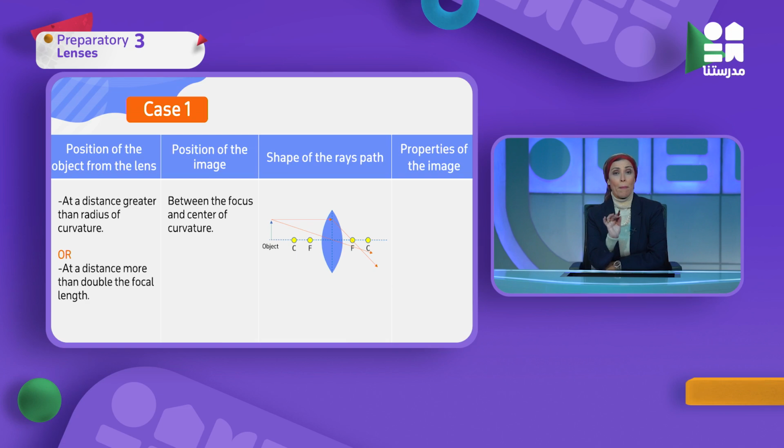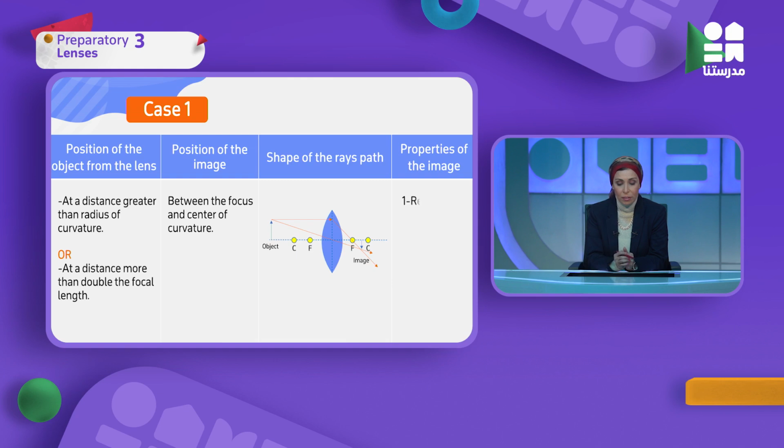Do we remember together how to draw the image? Look at the two parts: the intersection of the refracted light rays, and then put your image. Here is my image. Where? Between C and F. Look at this image and try with me to say its properties. Number 1, inverted.